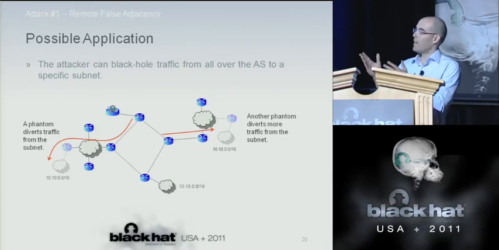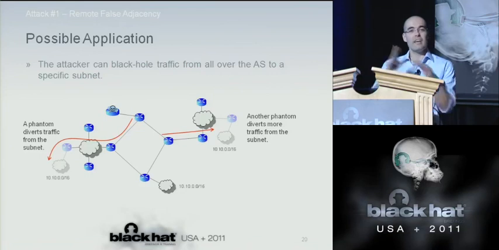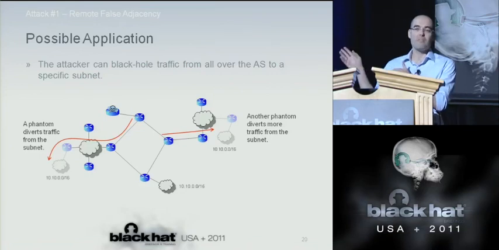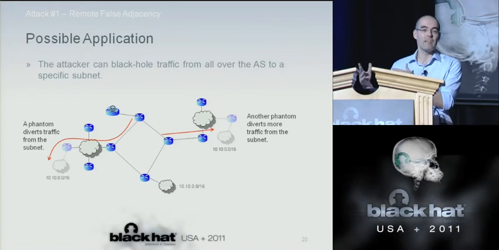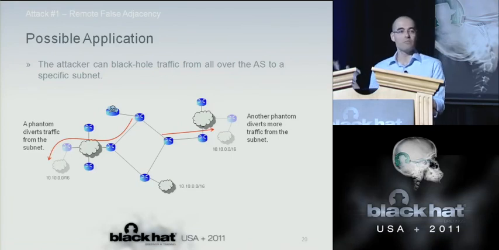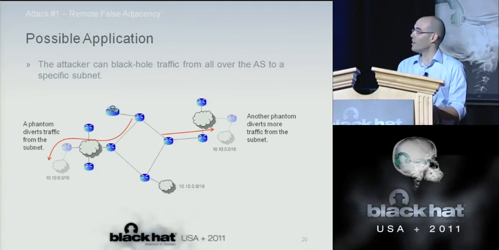For example, make the phantom router appear for half a minute, then tear it down and set up another phantom router somewhere else in the autonomous system, and then tear it down after half a minute, and so on and so forth. So this is a very flexible attack in which the attacker can play around with the traffic and actually make the network administrator pretty crazy.